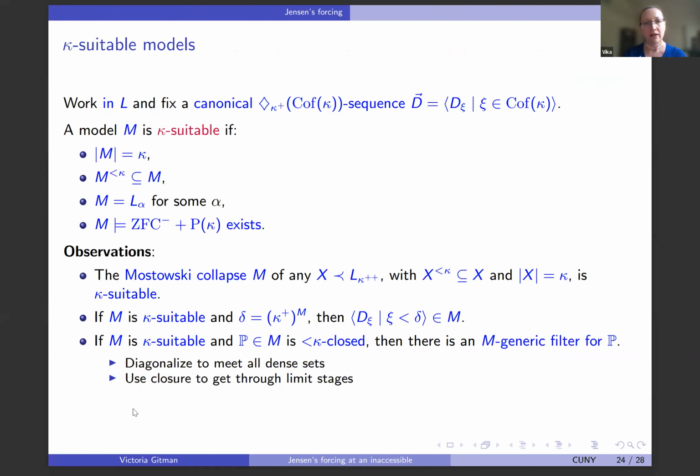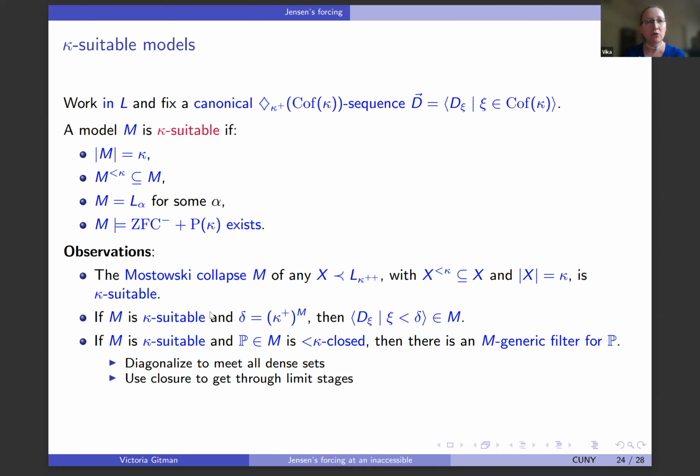Okay, so kappa suitable models. This is the last thing that we need to generalize. And again, for simplicity, we will work in L, and we need to fix a diamond kappa plus, club kappa sequence. Because we will need closure everywhere, this is the reason we need to work with the club kappa sequence.